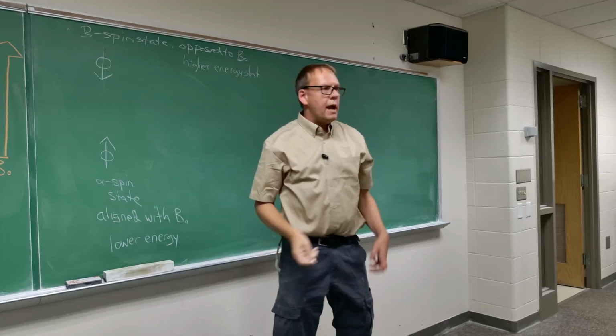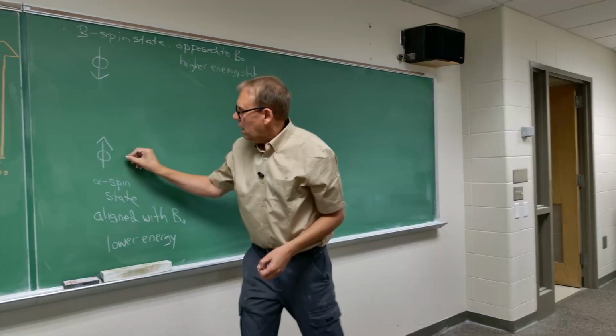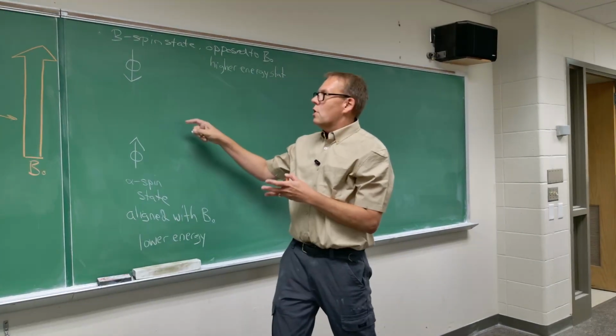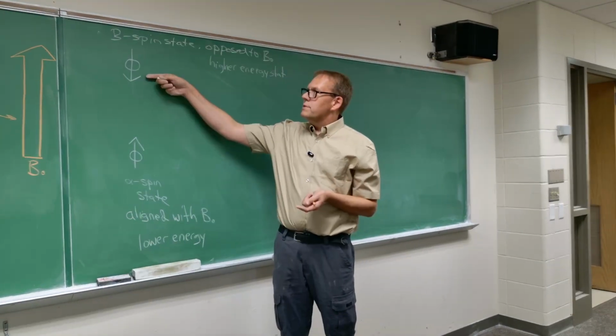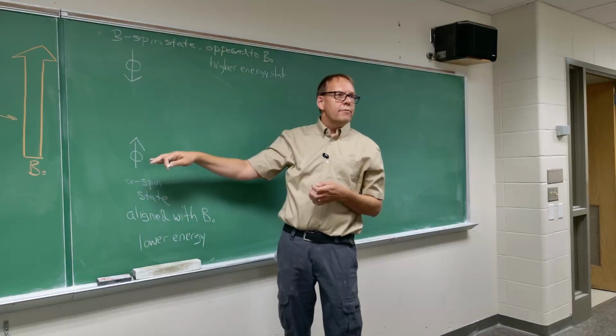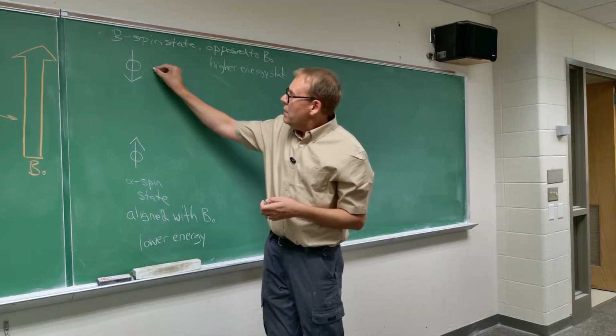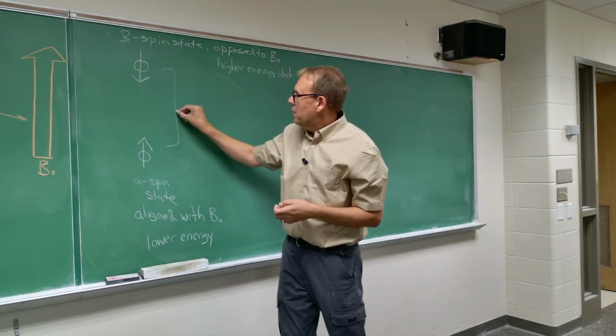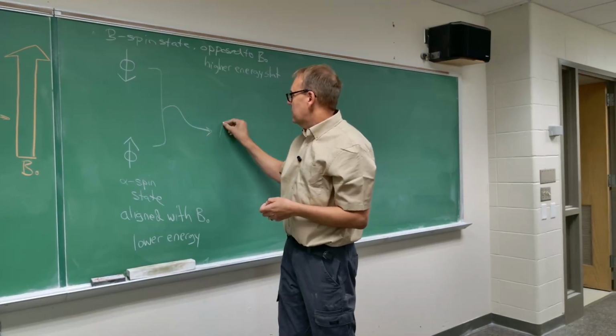And there's an energy gap between these two states. I'll draw a picture here. The way this is drawn is to indicate that the beta spin state is higher up in energy, the alpha is lower, and there's some energy gap between them. I'll call that delta E.